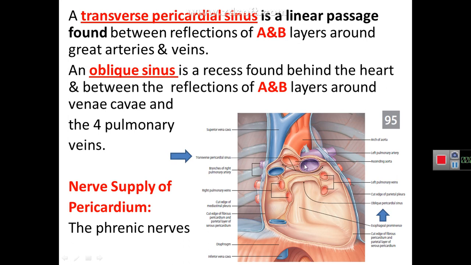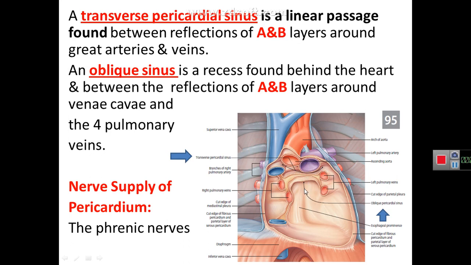Both of these are arteries, and this is the superior vena cava and pulmonary veins. So you can see that this sinus lies between the aorta and pulmonary trunk as arteries, and superior vena cava and pulmonary veins as great veins, and it is the transverse sinus.